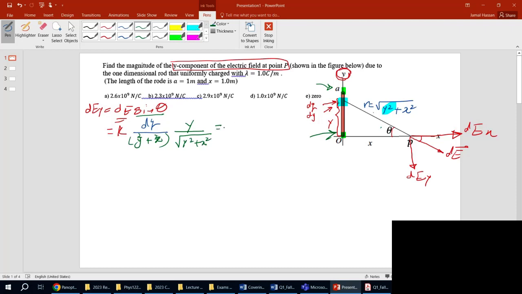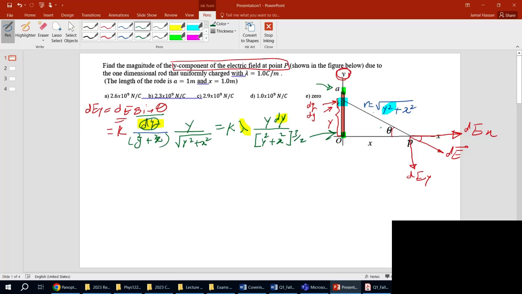Now let's do something about this dq. We could define dq in terms of lambda. dq is equal to lambda multiplied by the length of the piece, which is dy. So here I could write the equation as k lambda y dy, so lambda dy is dq. And then let's combine these two terms, so it is equal to y squared plus x squared to the power 3 over 2.